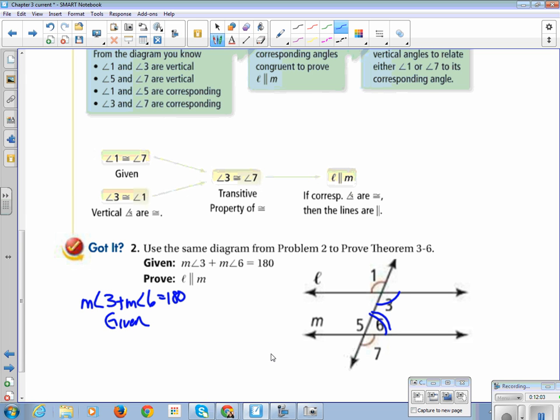The next thing they said was angle 3 is congruent to angle 1. And so what are we going to say about 6 and 7? Or what can we say? All right, so we take our given information and then we put together any information we can say for sure. And we know that angles 1 and 3 are vertical angles.